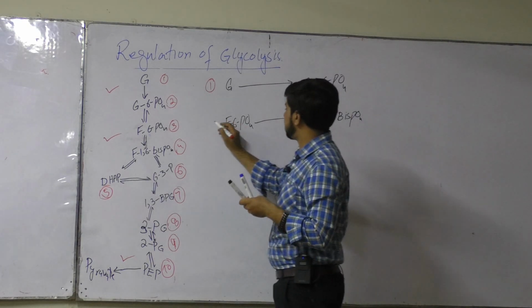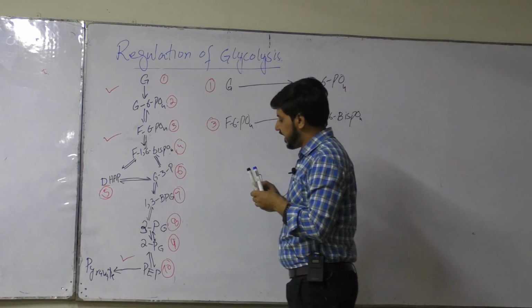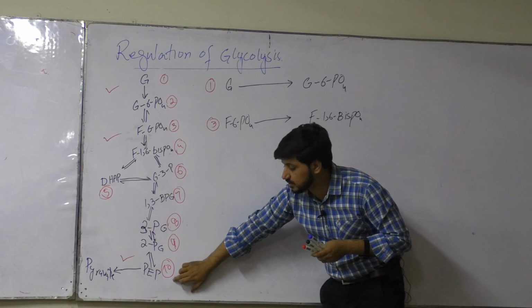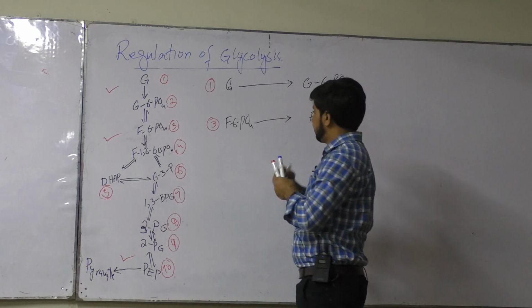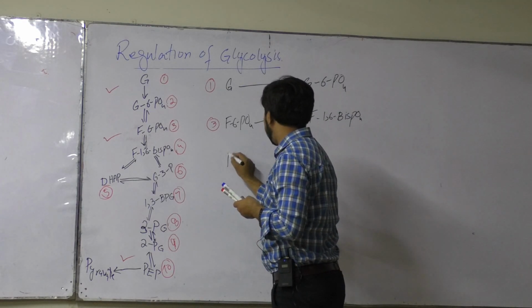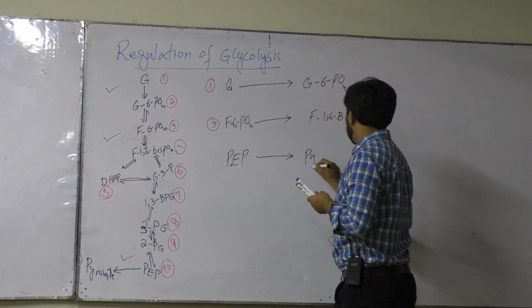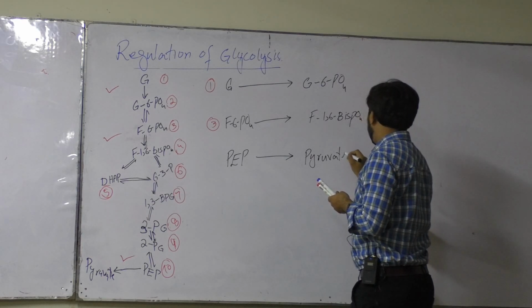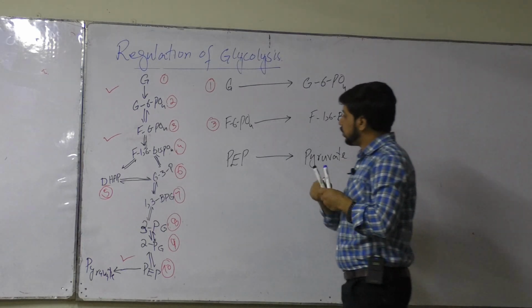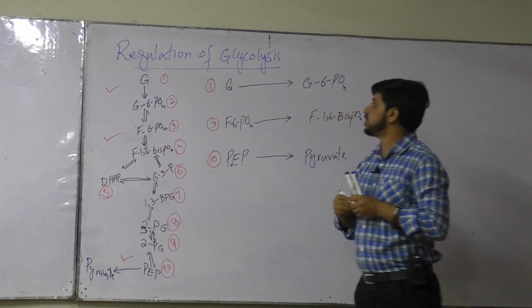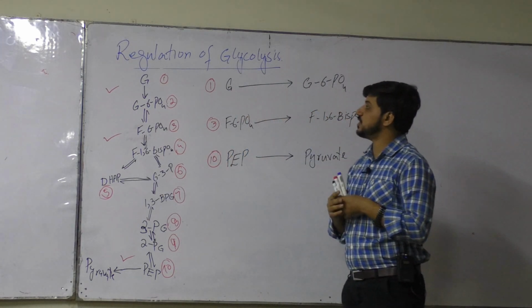And then the next irreversible chemical reaction is reaction number 10, phosphoenolpyruvate to pyruvate.